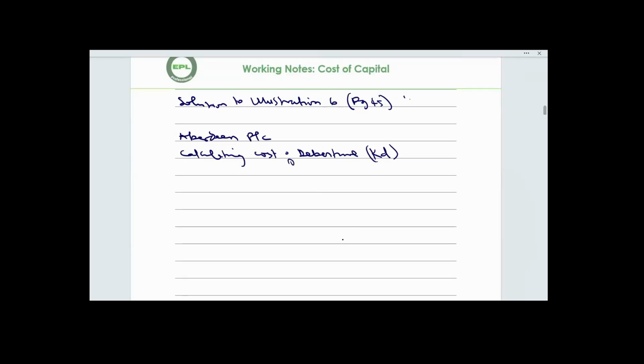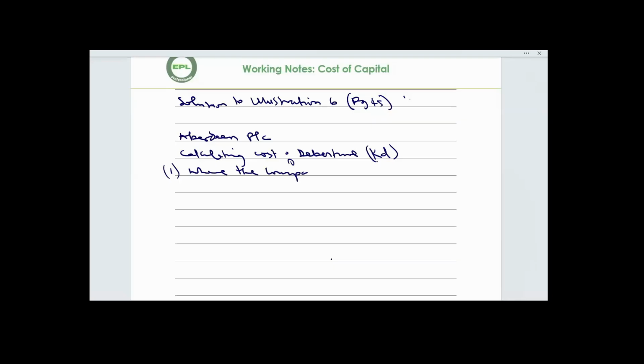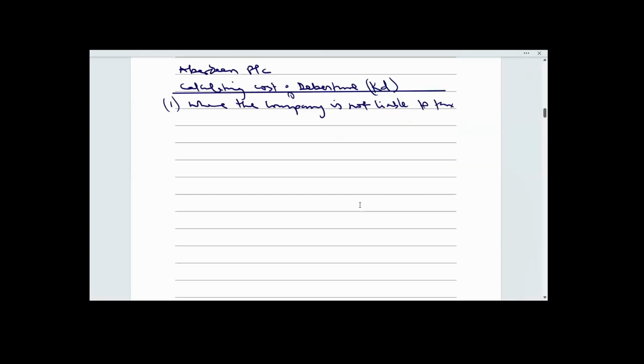The examiner told us that where there is no tax, where the company is not liable to tax, how do you then calculate cost of debenture? We have identified from the question that this is irredeemable debenture. Why?